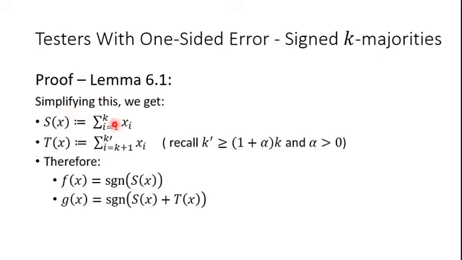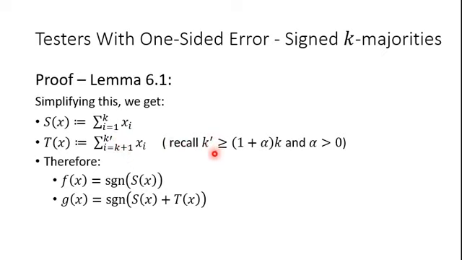So to simplify further, we will denote s(x) to be the sum of x_i, for i from 1 through k, the first k variables that we saw just now. And t(x) will be defined to be the sum of the remaining variables between k plus 1 inclusive and k prime.